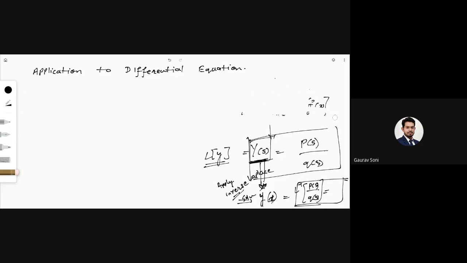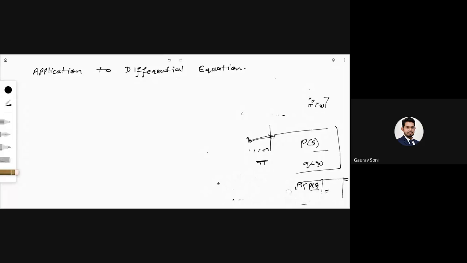Okay. So as we have this complete method, I will just recall how you take the Laplace transform of the derivative, as many of the students were absent that time, and then we will go to finding the solution of differential equation.